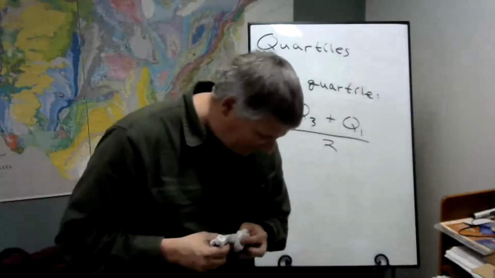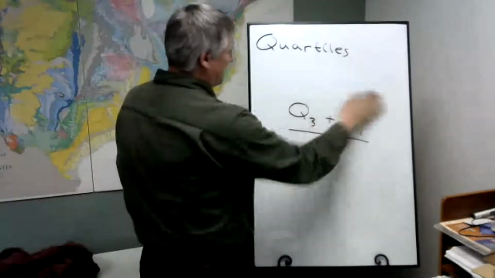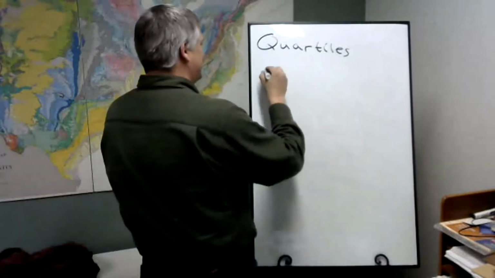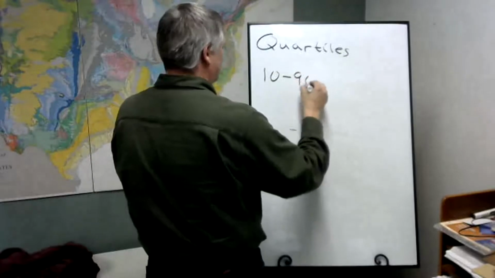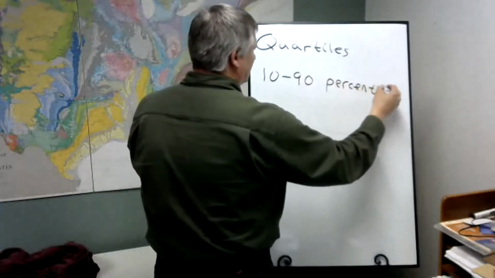All right. And then lastly in this section, they mention percentiles again. It's called the 10-90 percentile range.